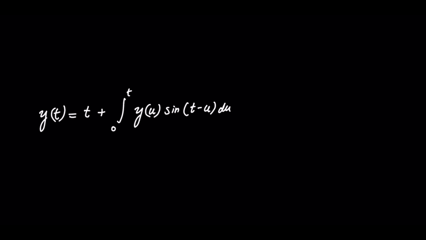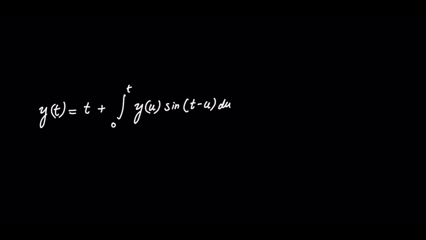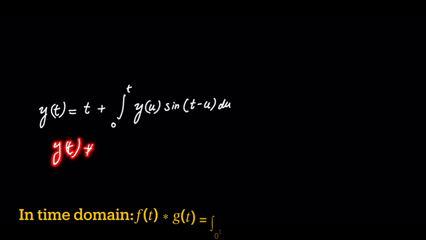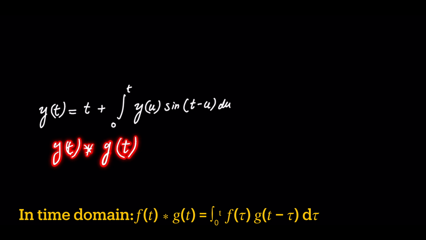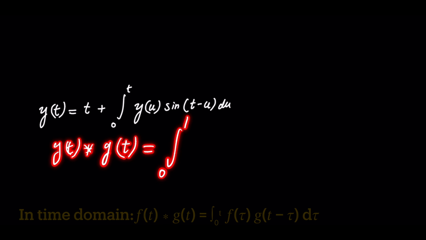Here, we are asked to find the value of y of t, but it appears in the form of y of u. To proceed, we will rewrite this expression using the convolution form. According to the convolution theorem, the y of t asterisk g of t was written like this.